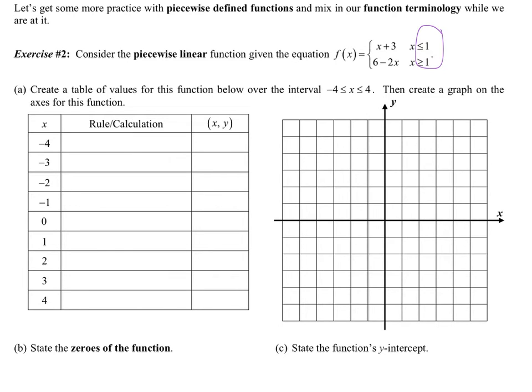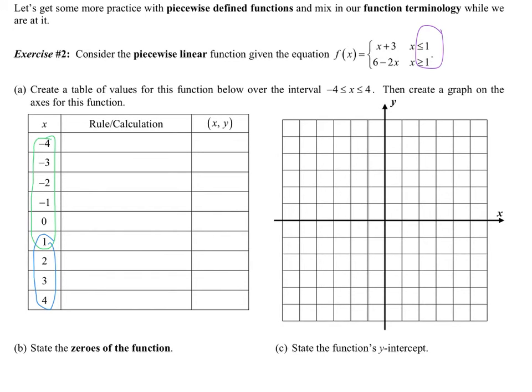That means that the answer for 1 will be the same either way. So first we're going to decide which ones are less than or equal to 1. Well, less than or equal to 1 is from -4 to 1. And then the ones that are more than or equal to 1 is going to be 1 to 4.